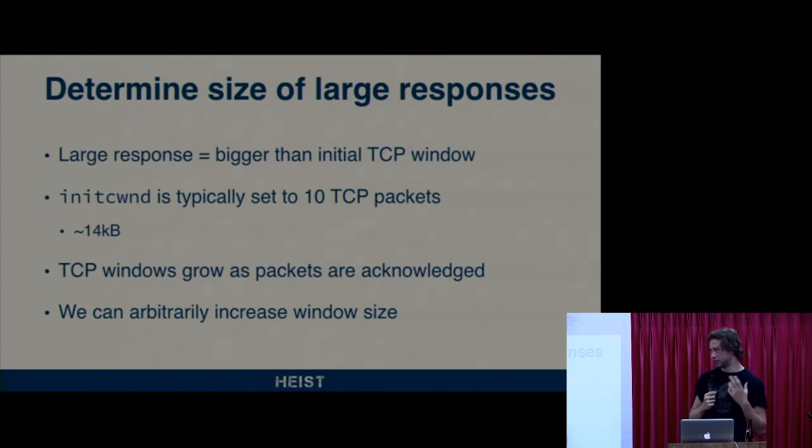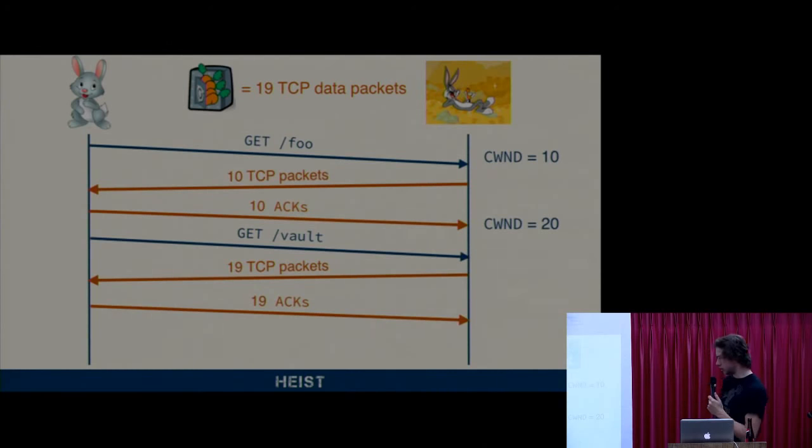The initial congestion window is set to 10 TCP packets, which is around 14 kilobytes. When packets are acknowledged, the TCP window grows, so the attacker can arbitrarily increase the window size. And he does this as follows.